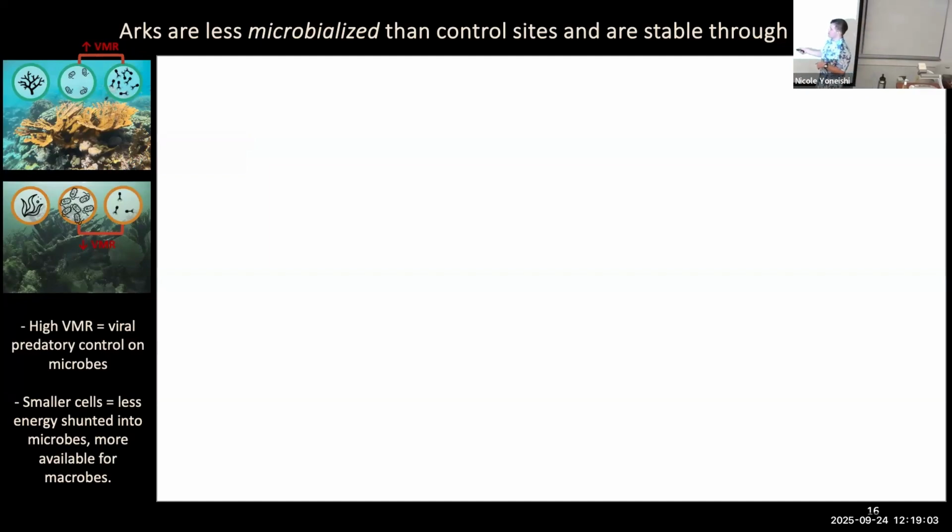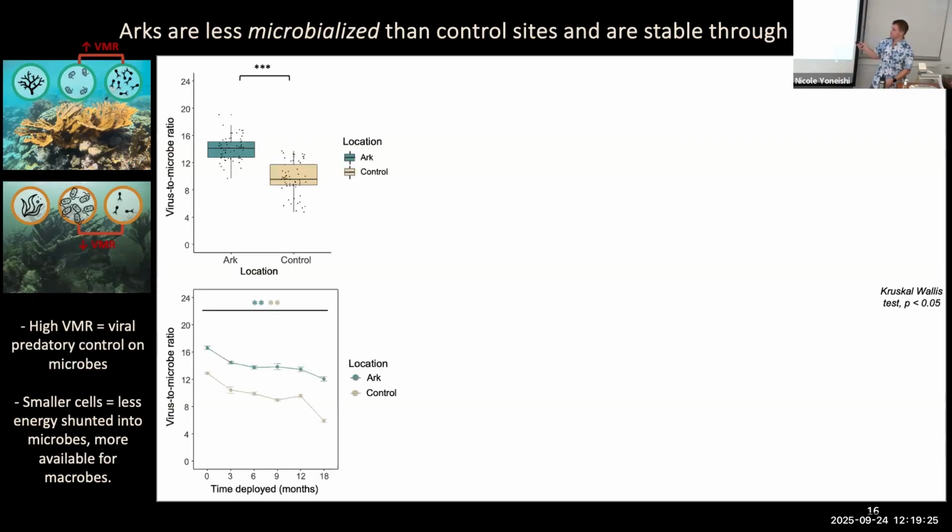On the degraded reefs, we expect to see a lot of microbes relative to viruses, so a low VMR, which is indicating that these viruses have shifted their strategies towards a lysogenic or a temperate strategy. And then finally, we expect to see smaller cells in a healthy environment because this means that less of the energy is being shunted into that microbial compartment and more is available for macrobes.